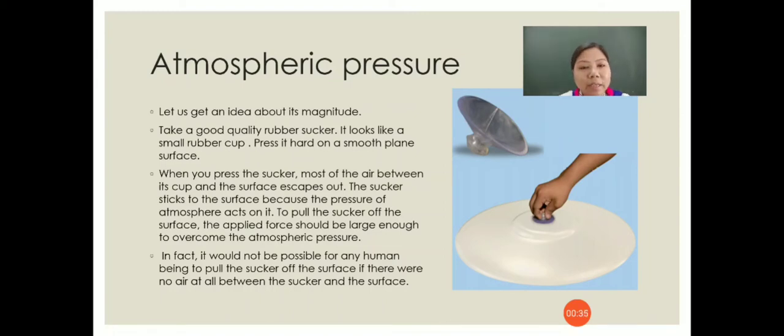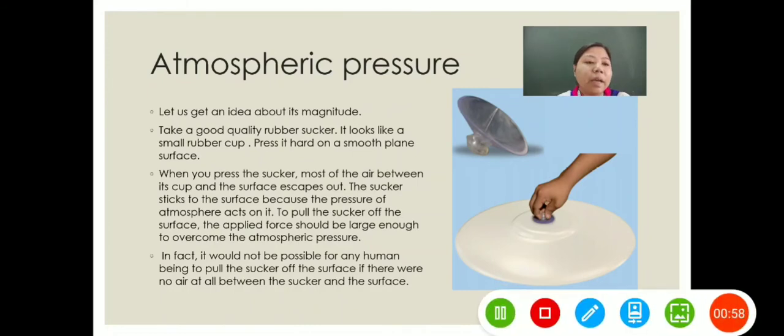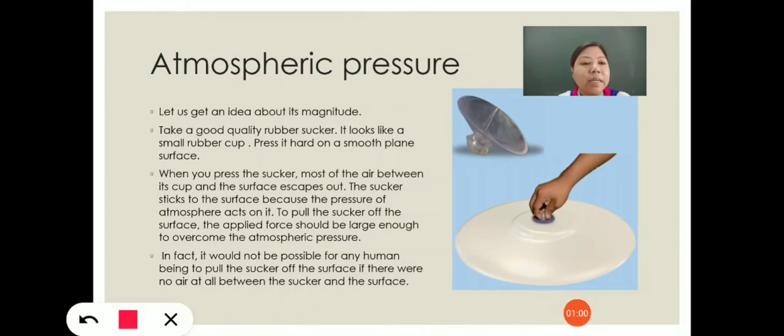You might have seen rubber sucker. Take a good quality rubber sucker, and it looks like a small rubber cup. Press it hard on a smooth surface. Usually it sticks very easily on smooth surface rather than rough surface. So, when you press the sucker, what happens is that the air which is inside will be forced outside.